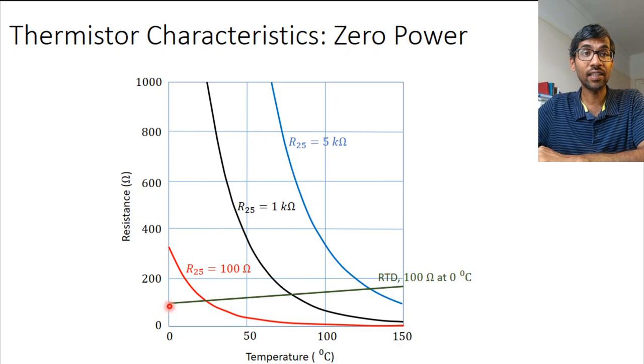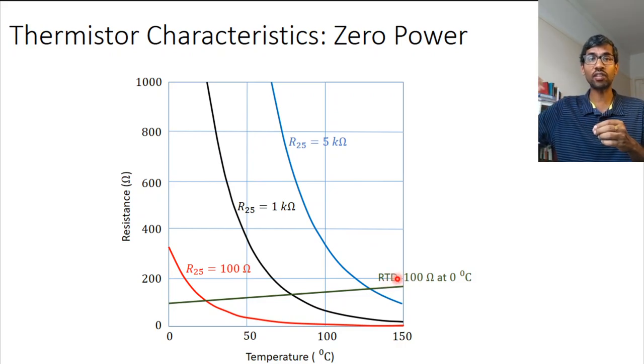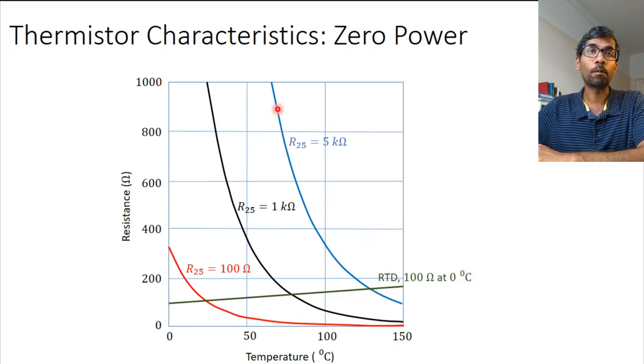And you can see that here the resistance is increasing as the temperature increases. And this would be the normal characteristic for any resistor, right? As the temperature increases, you expect the resistance of the resistor to increase. But that's not the case for negative temperature coefficient thermistors.